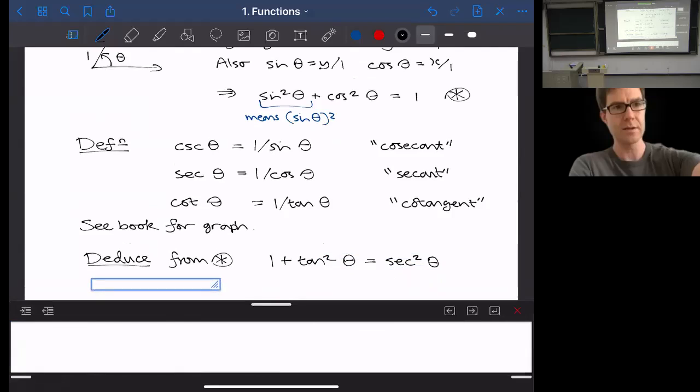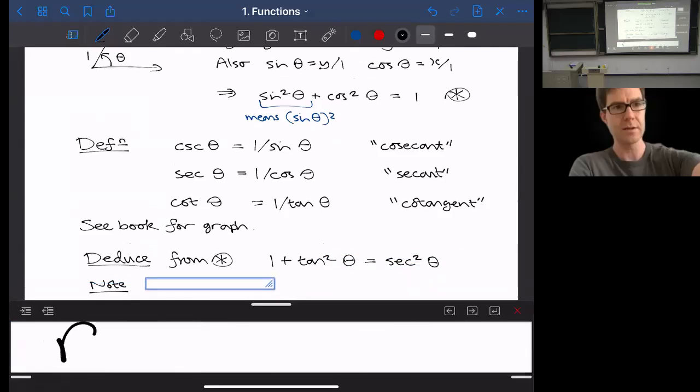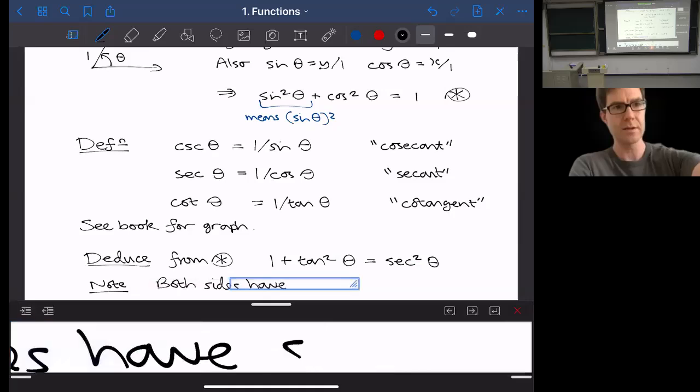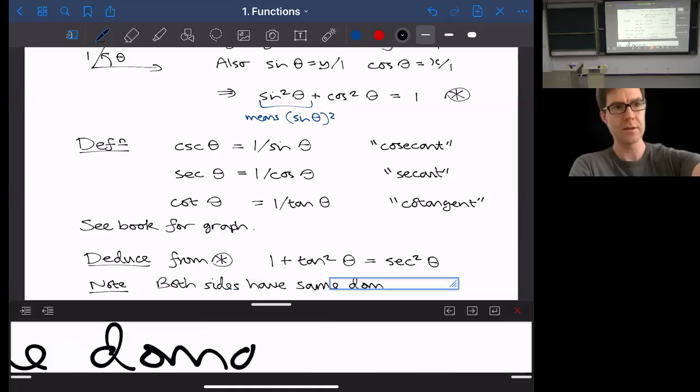So note, both sides have the same domain. So the domain of sec theta is where cos theta is non-zero, and that's the same as the domain of tan theta.